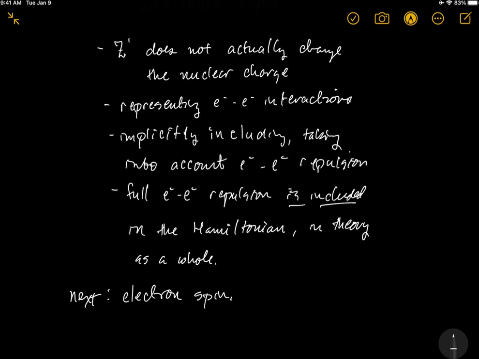And so we need to carefully construct our wave functions to properly take into account the fact that electrons are identical particles. And we'll talk about that and what's called exchange symmetry. Electron spin and exchange symmetry will be the subject of the next video.